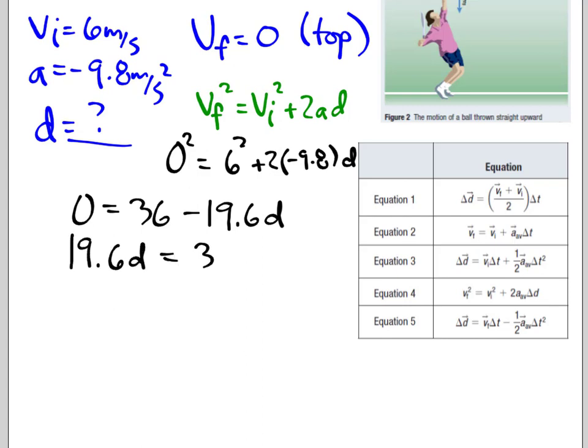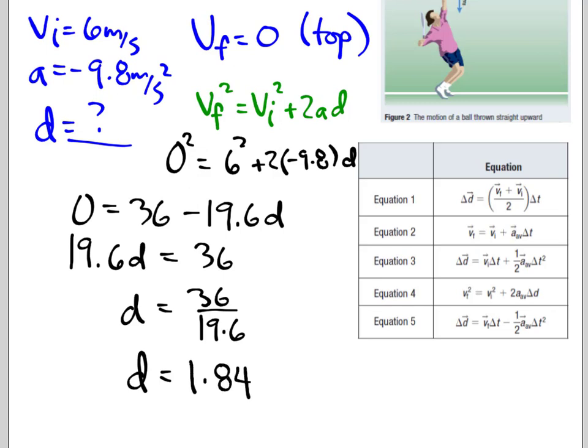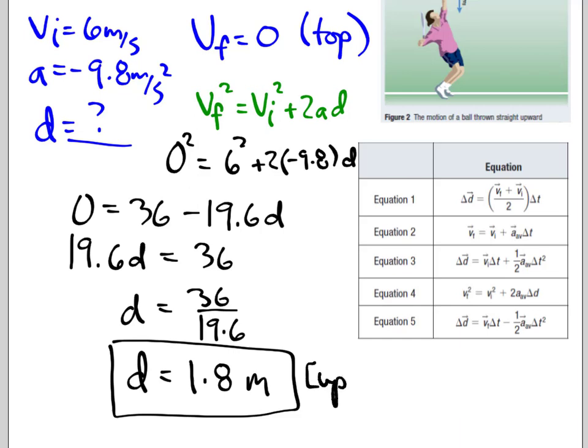If we add that to both sides, and then we divide both sides by 19.6. Again, if you have to pause it and go through the math slower, that's totally fine. I'm just trying not to make the video too long. Looks like 1.84, we'll say, meters. Let's just go 1.8 meters. It's a positive value, so we know that is up.